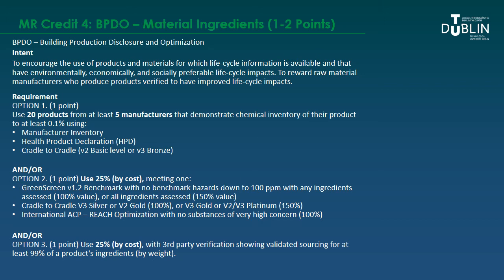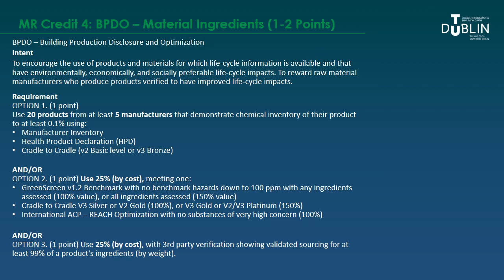And again, you need to specify products here that have the information available on that, and that again follows a similar pattern, where the first option to get 1 point is about disclosure of information. So you're using product declarations, and if you use at least 20 products from at least 5 manufacturers that show that chemical inventory, so it's basically an ingredients list of their product, to at least 0.1%, which is 1,000 parts per million.